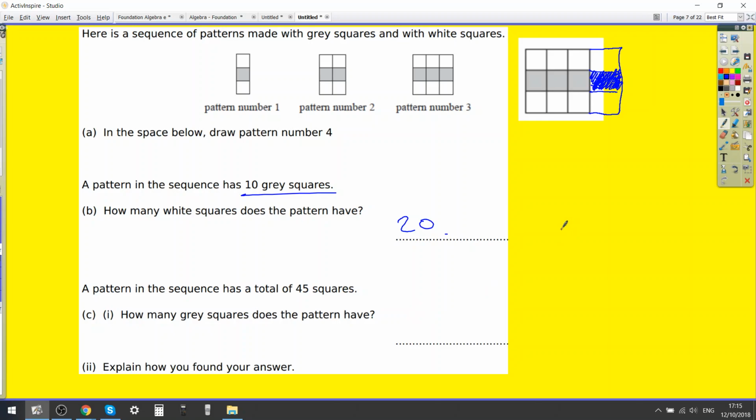245 squares. Grey squares. Any idea about this one?